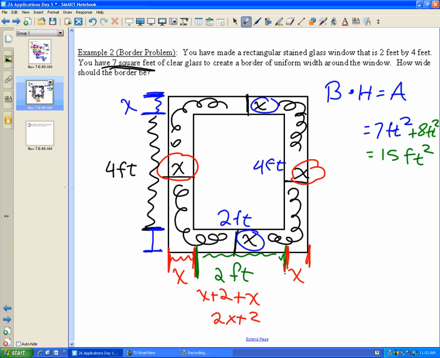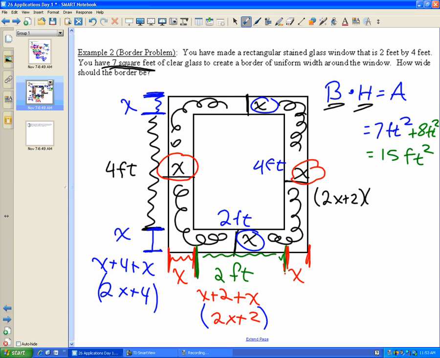Using both these x's, I get x plus 4 plus x, so I get 2x plus 4 as my height. So I can plug these two into my equation for my base and my height. And I can say, I have 2x plus 2 times 2x plus 4, and that's equal to 15.